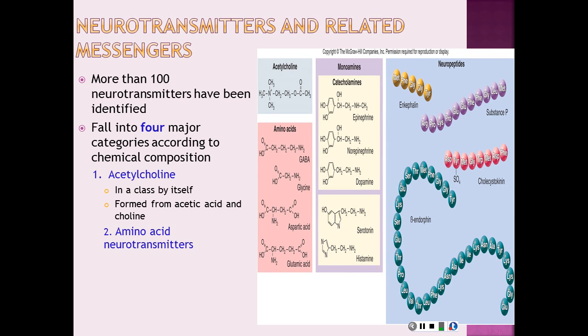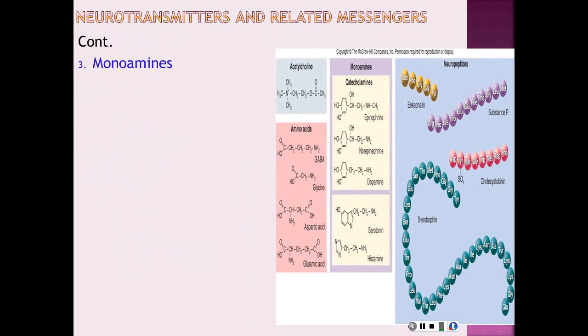The amino acid neurotransmitters include glycine, glutamate, aspartate, and GABA, which is gamma-aminobutyric acid. The third one is our monoamines.